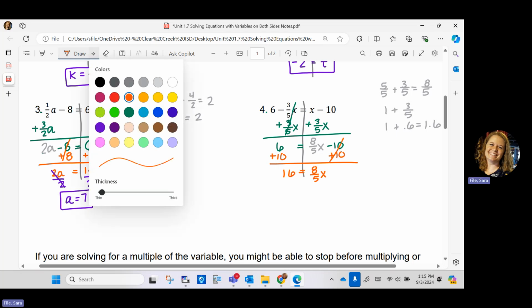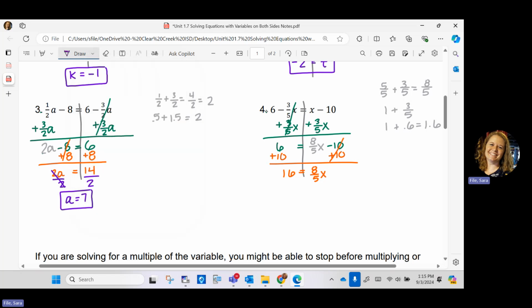Now this time, to get rid of our coefficient, our fraction is our coefficient. So instead of over here, where we were able to just divide by 2, here we can do it in 2 steps. We can multiply the 5 over. Okay, that gets rid of this 5 in the denominator.